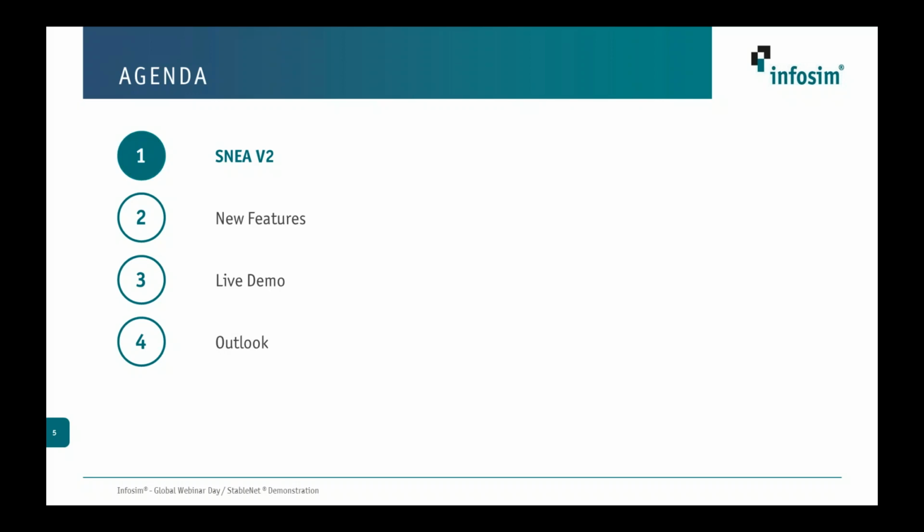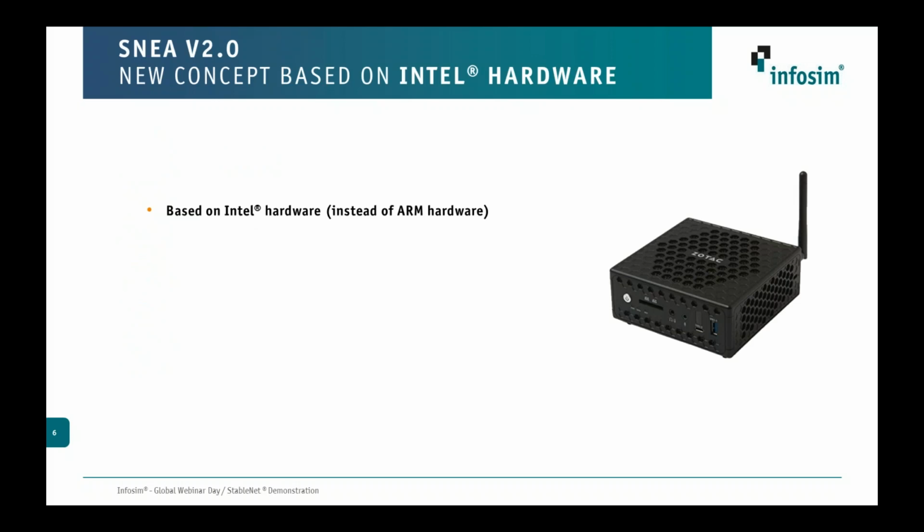So at first, I start with the SNEA version 2. The SNEA version 2 is a concept based on Intel hardware instead of the ARM hardware which we used for the SNEA version 1. It's a very reliable hardware and software combination and has the advantage that it can meet your specific hardware requirements very easily.